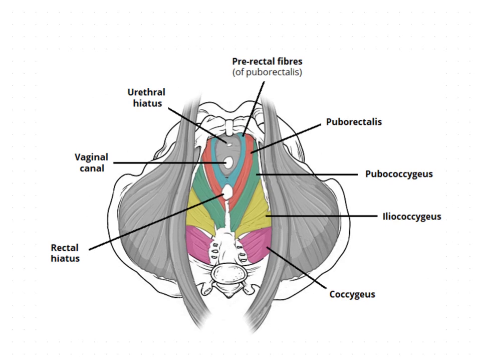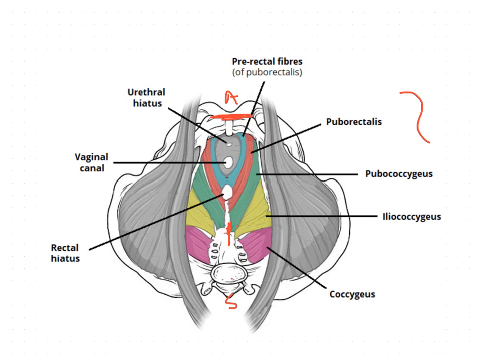This is the superior view, also called the bird's eye view. In the superior view, we can find the pelvic floor muscles, given in different colors. This is the pubic symphysis, this is the anterior, and here you can find the sacrum and the coccyx.